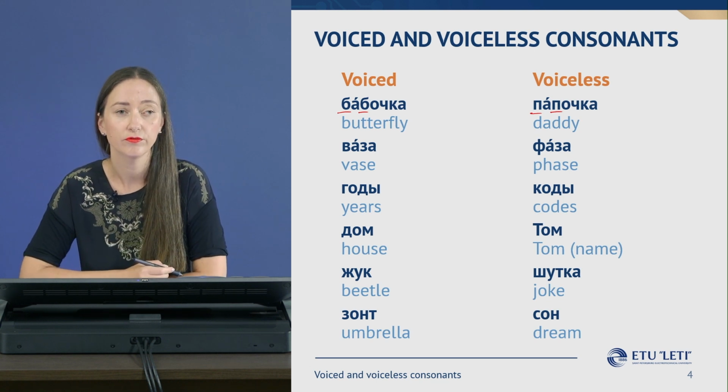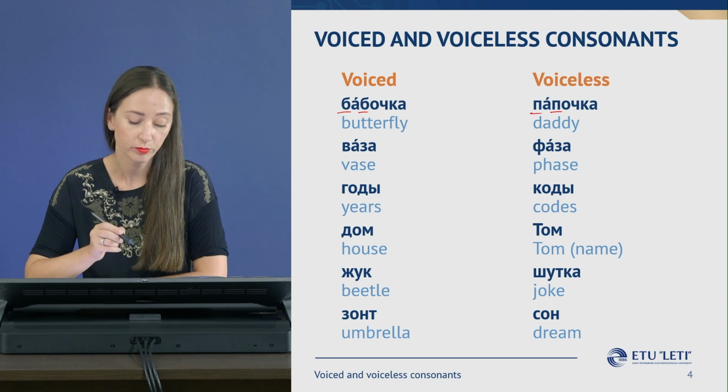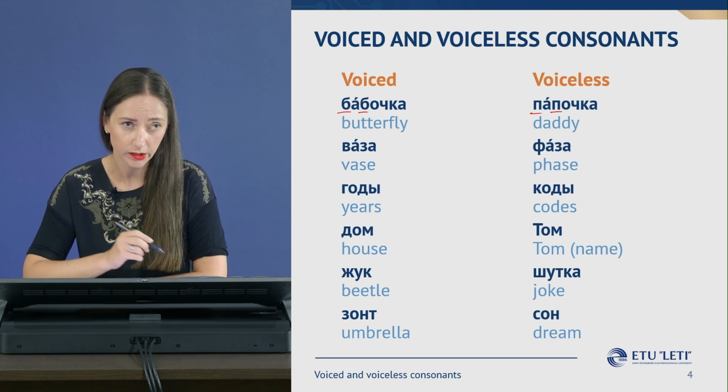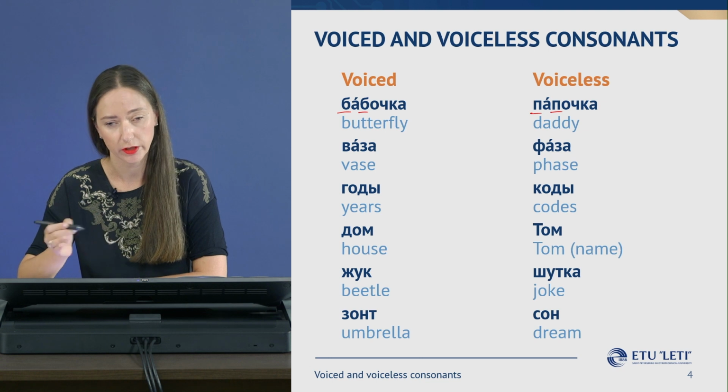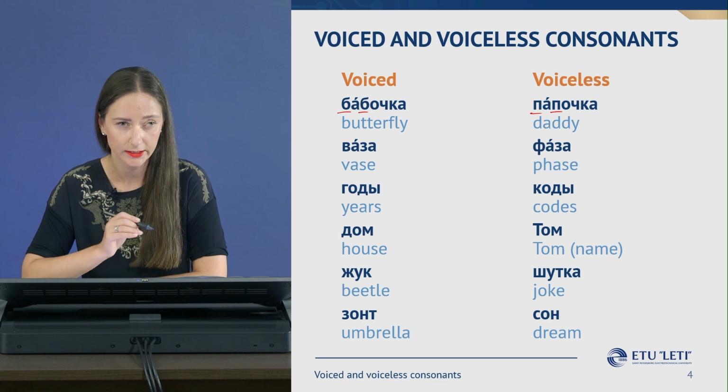Ваза, фаза. Ваза, фаза. The examples feature these sounds at the beginning of a word, however they can be seen in other positions, but this is just for your information so that you can see it clearly.